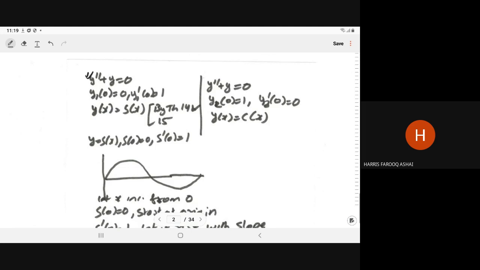So we say that y is equal to S(x) is the unique solution under this initial condition. Similarly, if the initial condition is given as y at 0 is equal to 1 and y dash at 0 is equal to 0, at that time y is equal to C(x) is the other solution. Both are the unique solution under their given conditions.